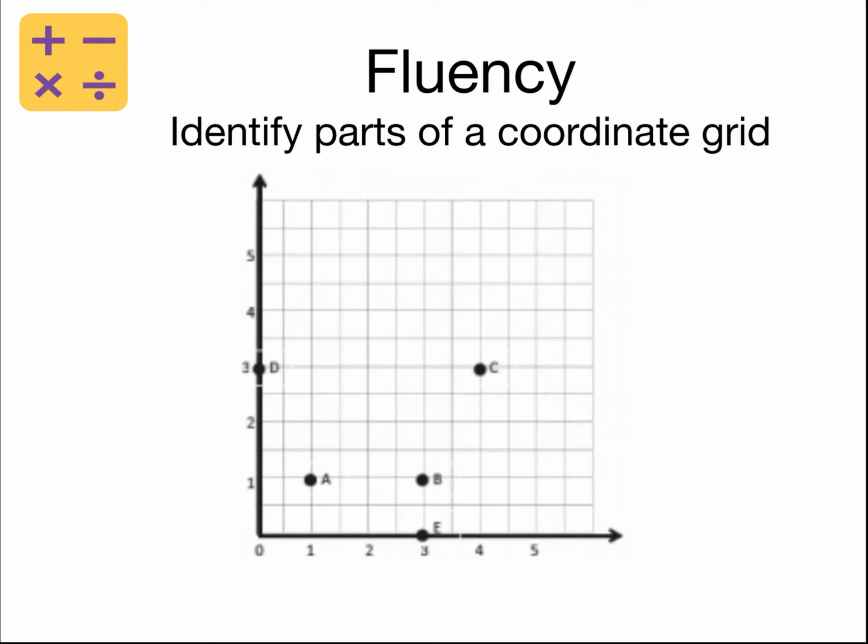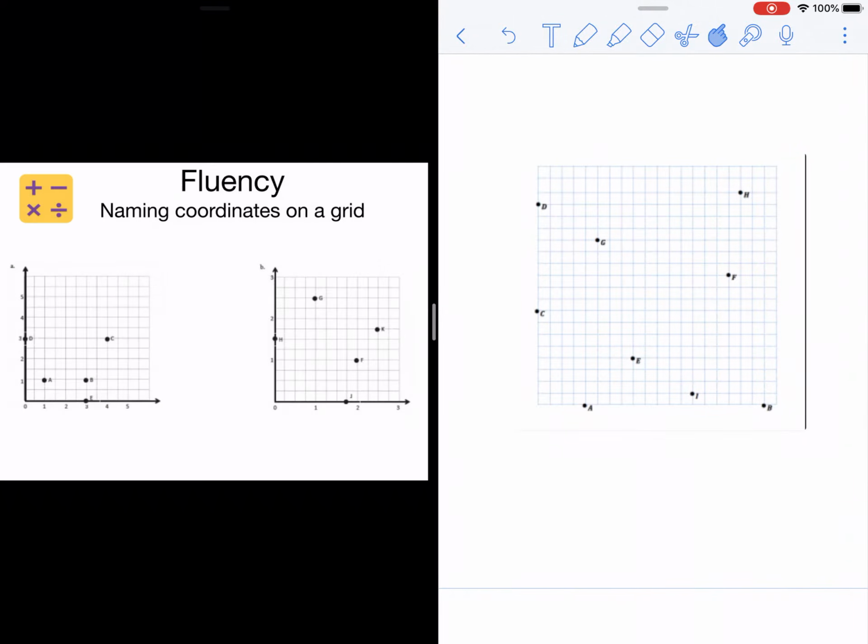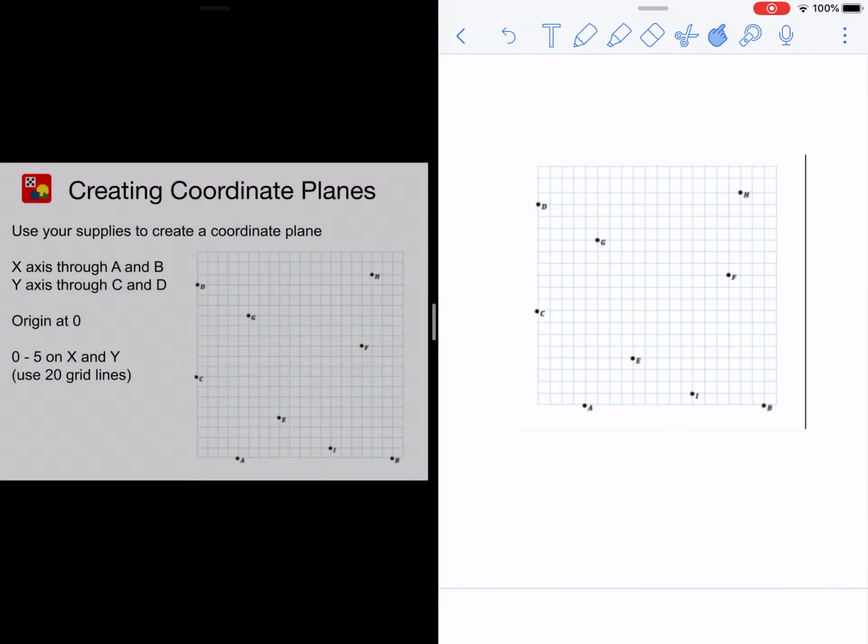You can go ahead and find those missing numbers on the number line, pause the video, and then name those coordinates on a grid. We did our application problem already. There are your answers.